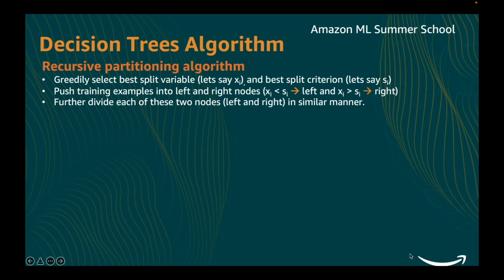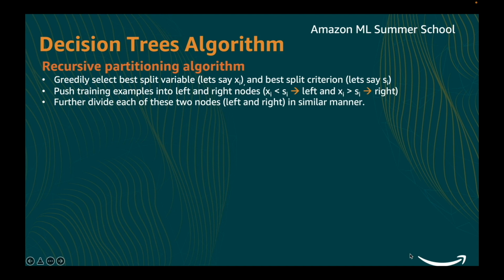For every node you do the same procedure. And the procedure is you see what are all the attributes available to me which I have not already used to split so far, and you say, okay, from all of these, which one is giving me the best split criteria? That is the one which leads to the greatest decrease in the impurity of the resulting two nodes, right?